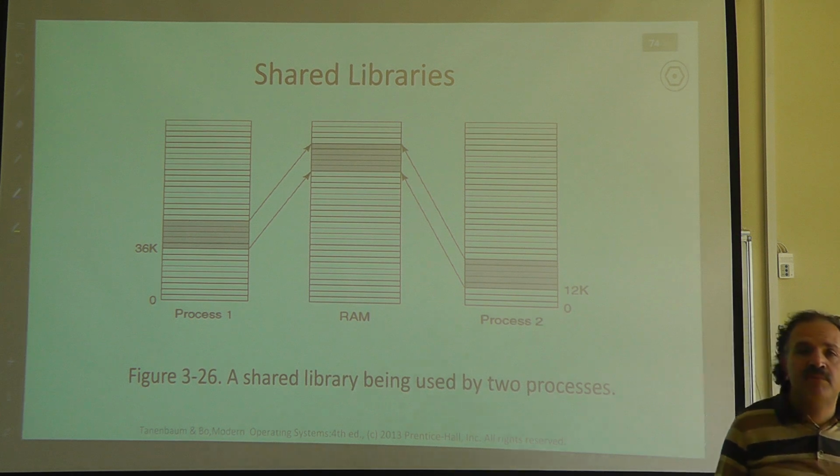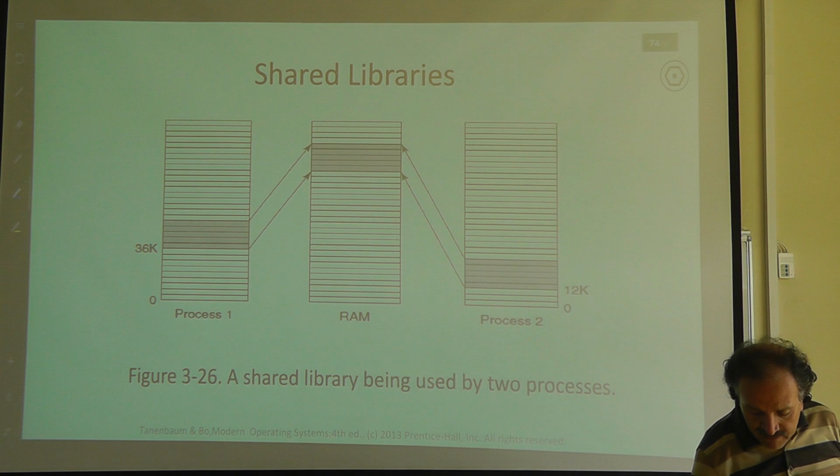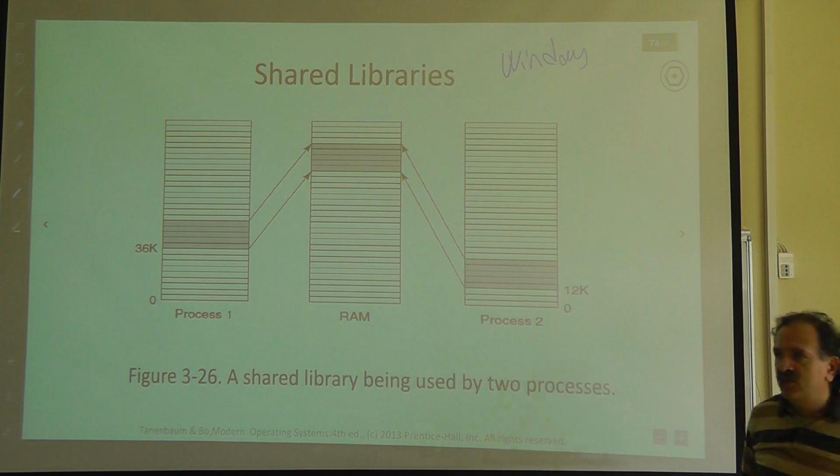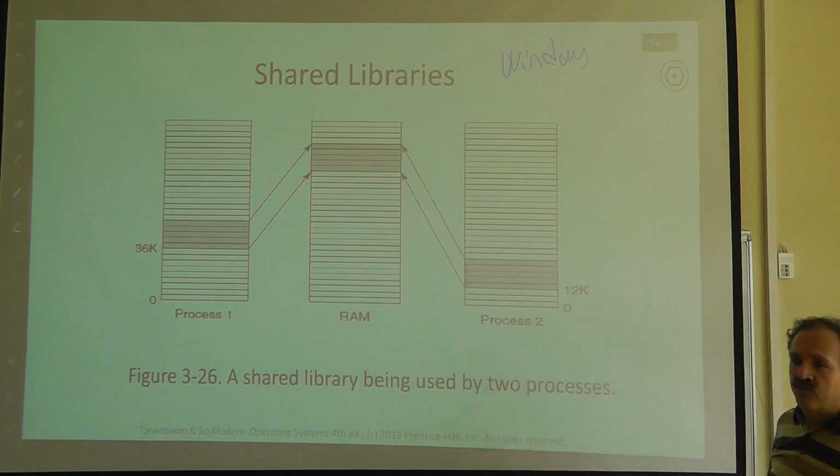This is a very big problem if you are running in a windowing environment, like Windows, because each application has to call some windowing functions. There are hundreds of them, and each application should not load its own windowing functions. They are calling the same functions by sharing the same pages.